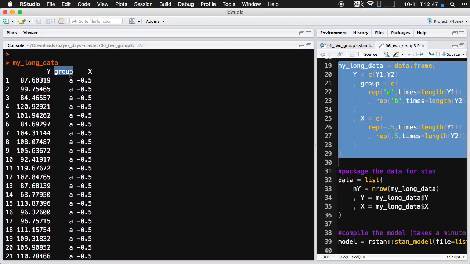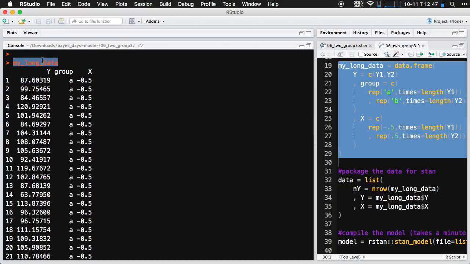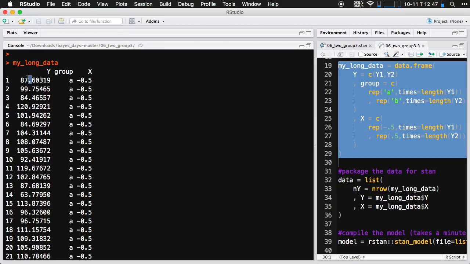We had y1 as an object and y2 as an object. Now we've got a single object as a data frame with 2 columns. One column codes the value for that individual, and the other codes what group that individual was in. This is a lot more common as a data format. This is called long data, the structure where you have a case per line.